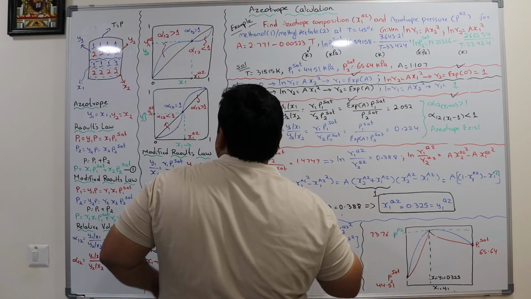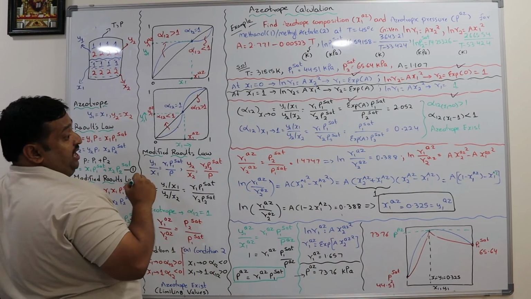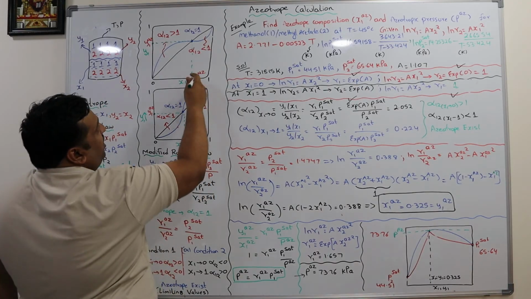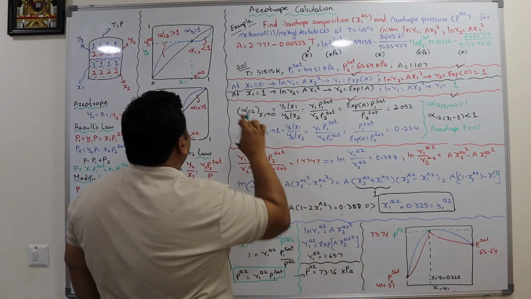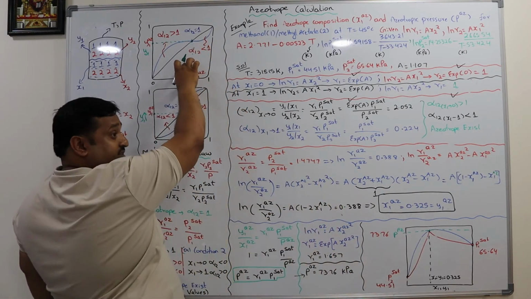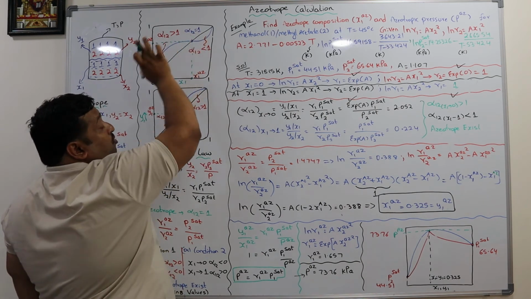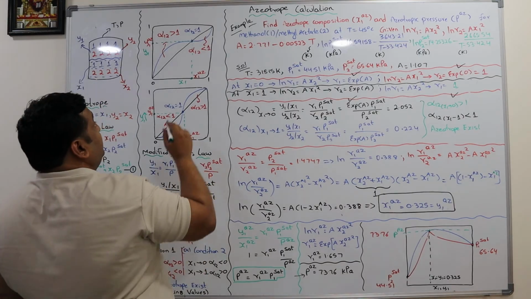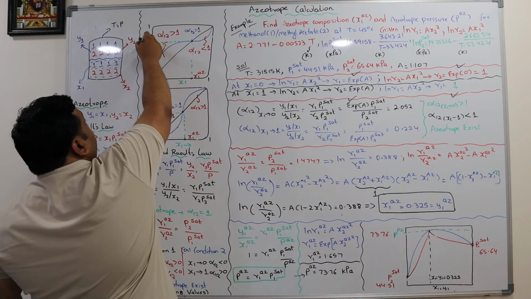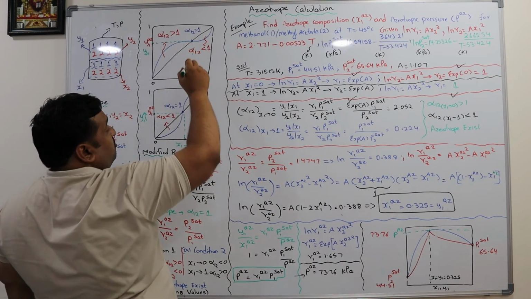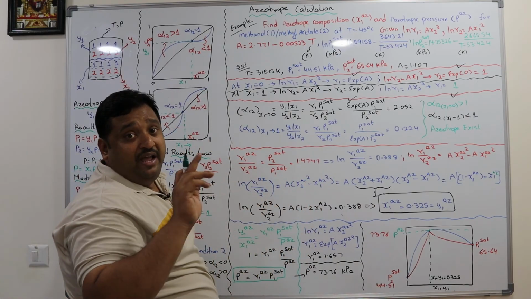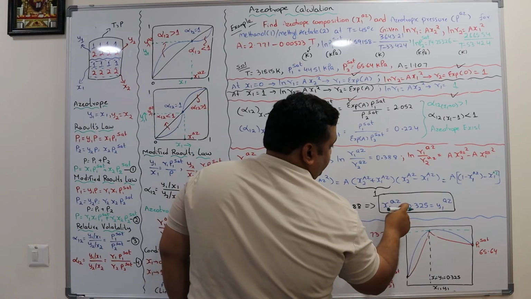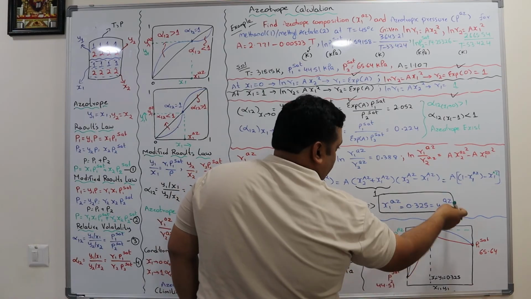That is 0.325, around 0.328 in this example. That means at exactly x1 equal to 0.328, the curve is meeting the diagonal line. Therefore x1 azeotrope is nothing but y1 azeotrope, because at azeotrope x1 equal to y1. That means the azeotropic composition x1 is 0.325, which is equal to y1.